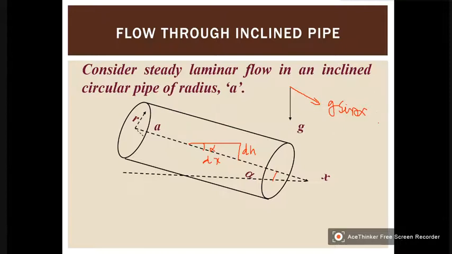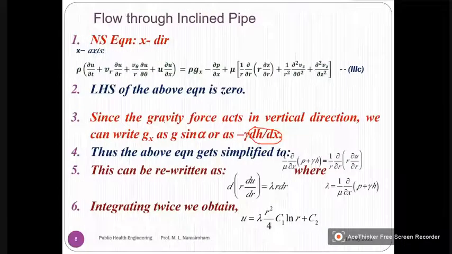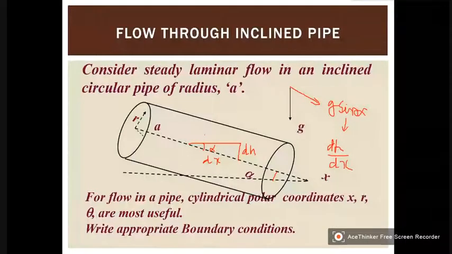Sine alpha is equal to dH by dx. It is minus because as x is increasing, h is reducing.